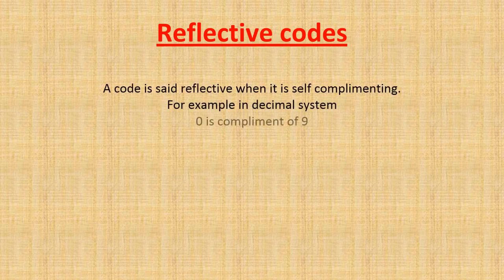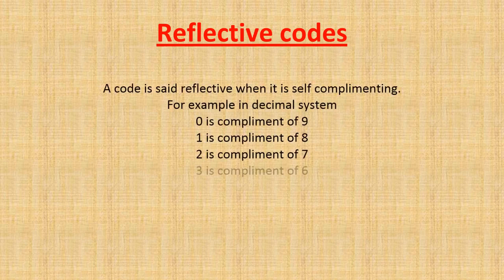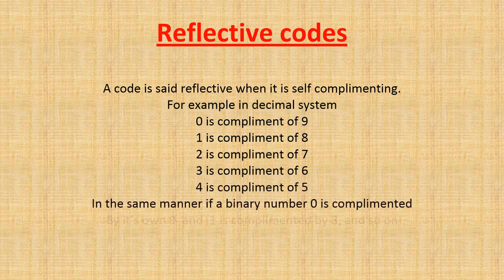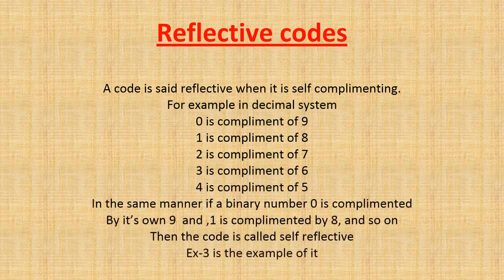Now we'll define another property of binary codes. Reflective codes give us a reflection of their own. A code is said to be reflective when it is self-complementing. We have to understand complement numbers here.